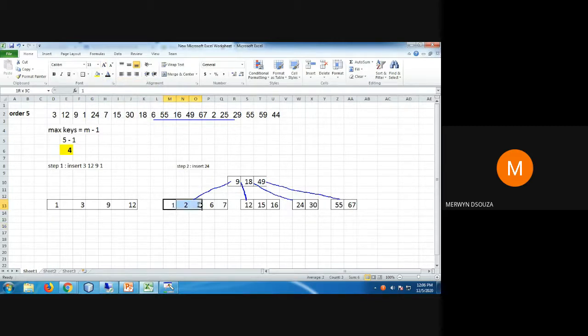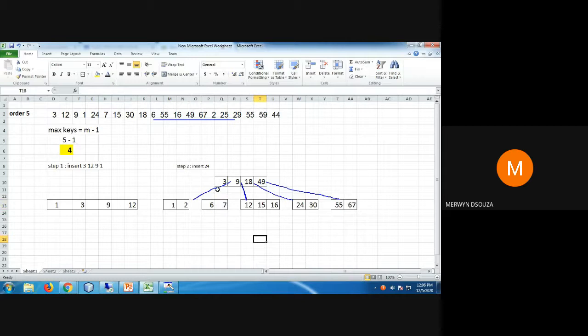So the correct place for 2 is here, so 2 will be inserted here. But when you insert, it results in an overflow. So when it is an overflow, you are going to split. The middle value you take on top. So you get a left leaf and you get a right leaf.